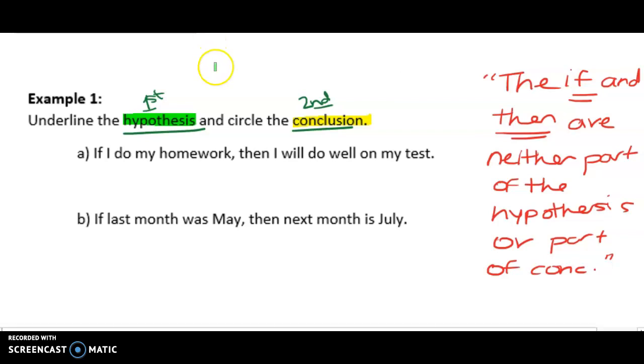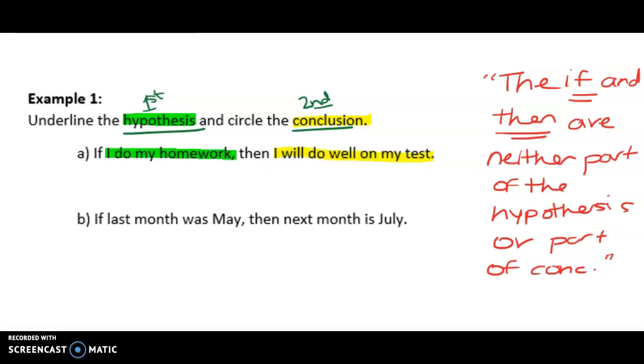So if we look at part A, it says, if I do my homework, then I will do well on my test. Well, the hypothesis, it's not if I do my homework. It's just a declarative statement: I do my homework. And then the conclusion is the second half: I will do well on my test.